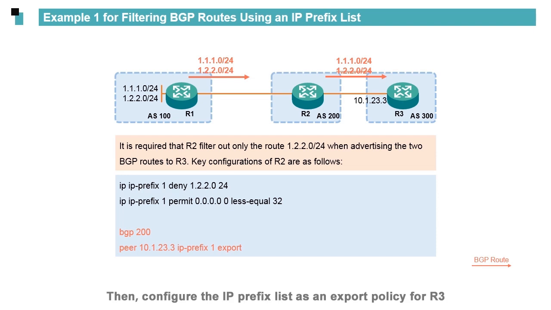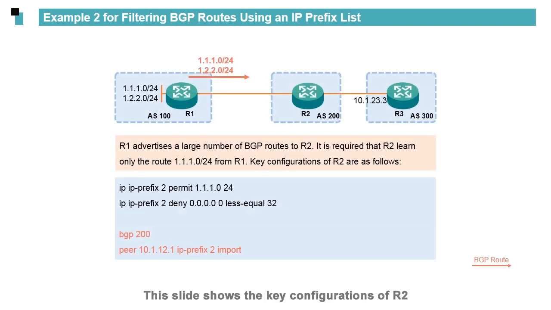Then configure the IP prefix list as an export policy for R3. This slide shows the key configurations of R2. The configurations allow R3 to learn only the route 1.1.1.0/24 from R2.